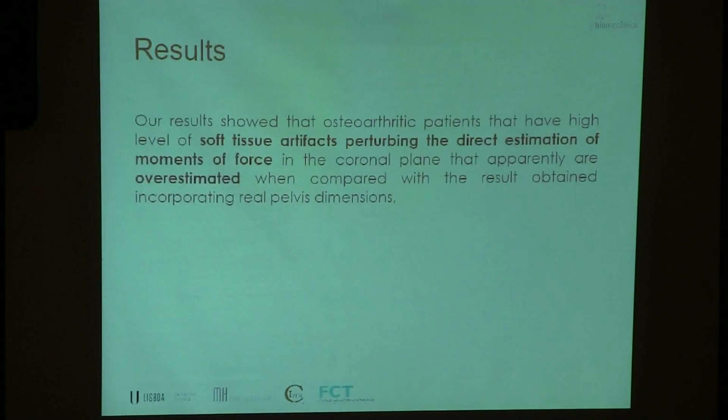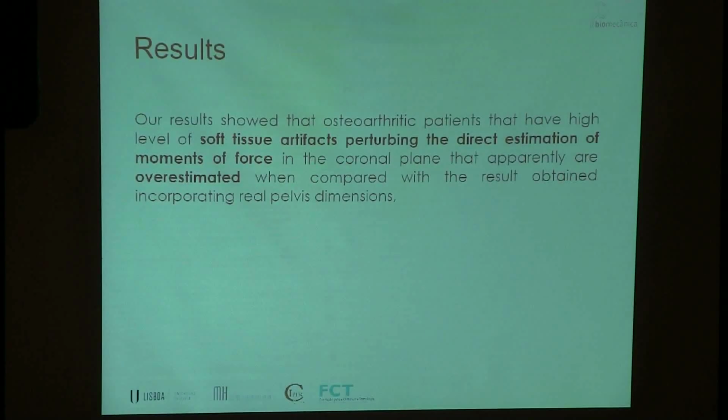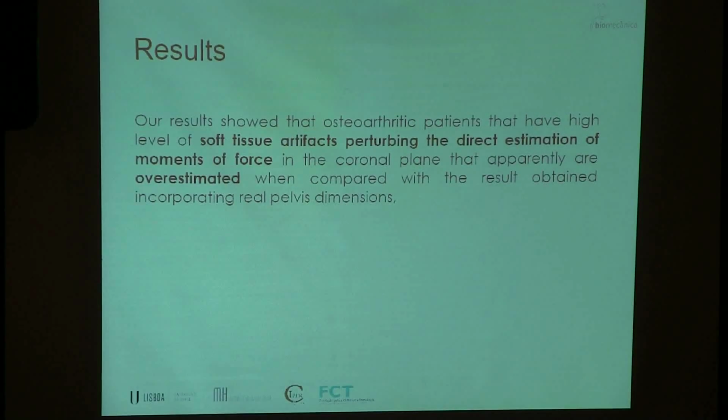Okay, so our results show that in osteoarthritic patients we have a high level of soft tissue artifact, and it is very difficult to obtain the real position of bones and, as a consequence, joints.